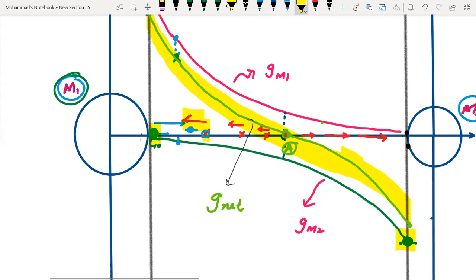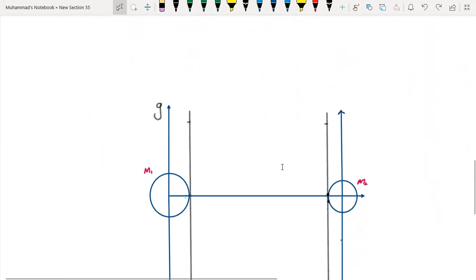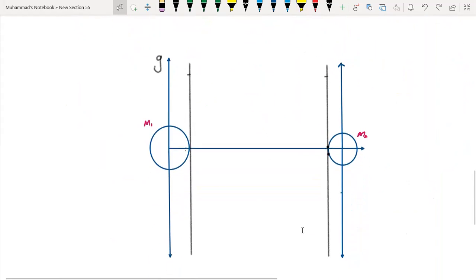So the speed of this object will decrease, with the net force in the backward direction. As it reaches that point, the direction of net force changes towards the right, and then the speed increases. So we want to plot how the net force on that mass varies as it moves away from the surface of this mass.